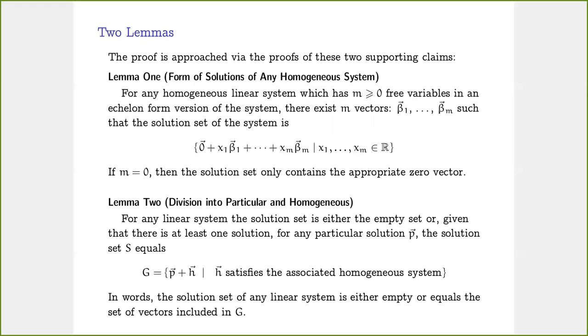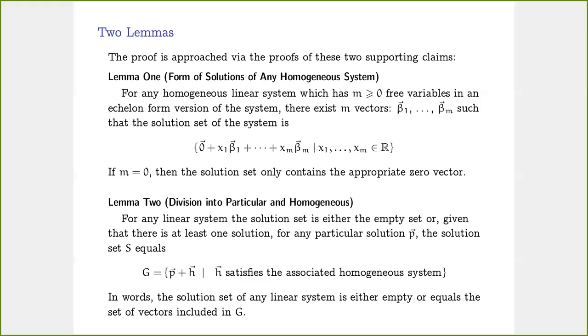Lemma 2, concerning the division into particular and homogeneous parts. For any linear system, the solution set is either the empty set, or given that there's at least one solution, for any particular solution P, the solution set equals P plus H, where H satisfies the associated homogeneous system.